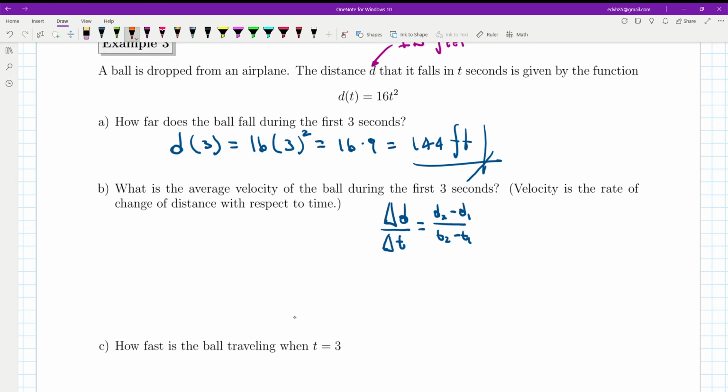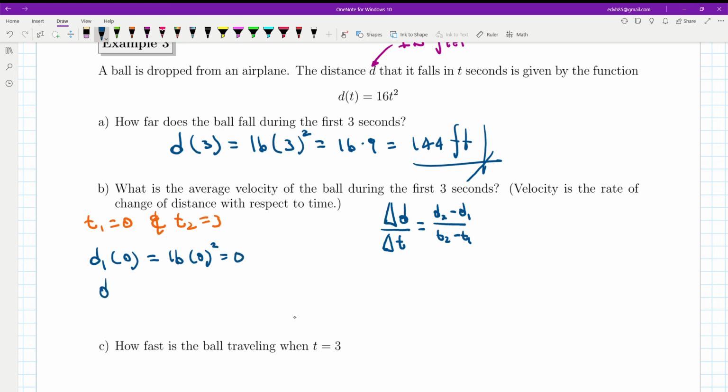So t1 equals 0 and t2 equals 3. When we evaluate, d1, which is evaluated at 0, is 16 times 0 squared, which is 0.